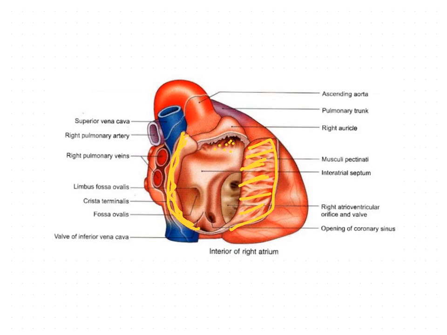The crista terminalis is the internal muscular ridge which forms the sulcus terminalis on the external surface. From this crista terminalis, the musculi pectinati arise and run forwards and downwards towards the atrioventricular orifice, giving an appearance of the teeth of a comb.